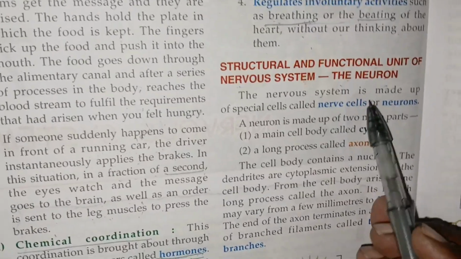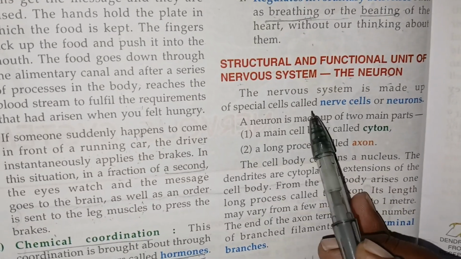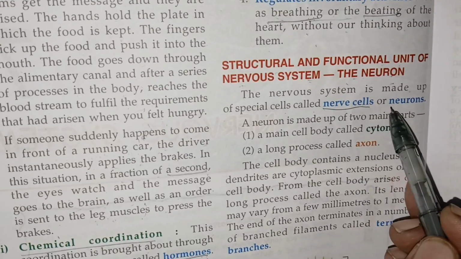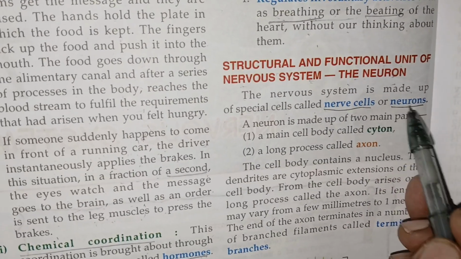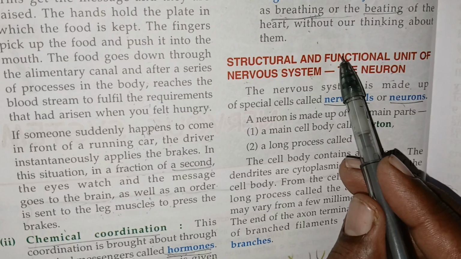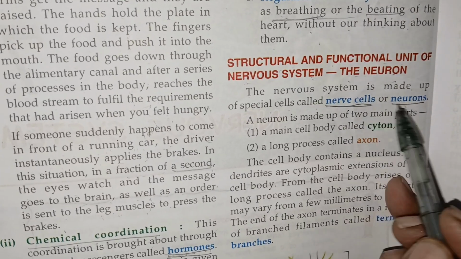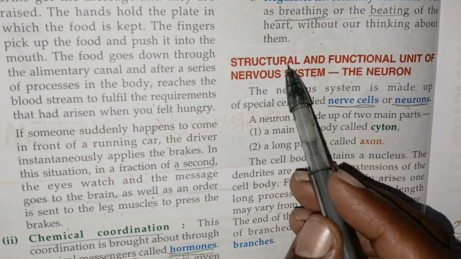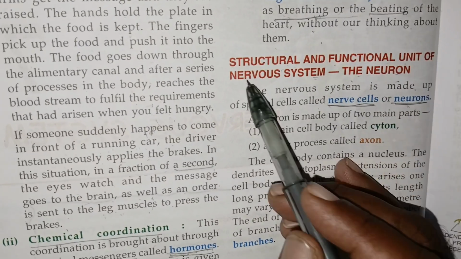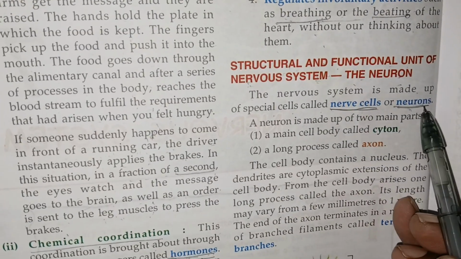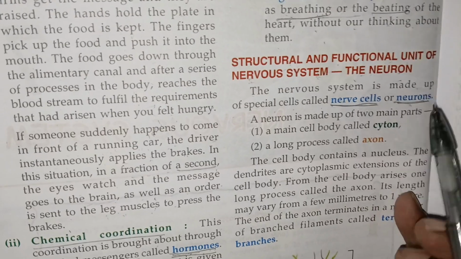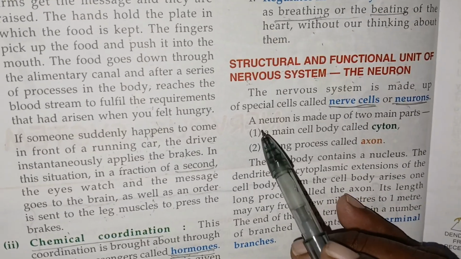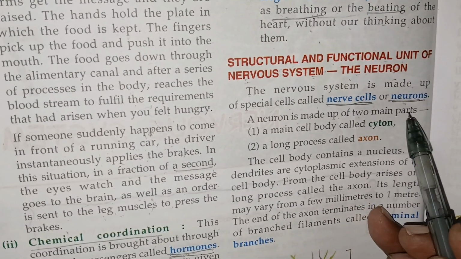The nervous system is made up of special cells called nerve cells or neurons. So here is the definition of neuron. It is otherwise called nerve cell. The structural and functional unit of the nervous system is called neuron, or nerve cells. A neuron is made up of two main parts.